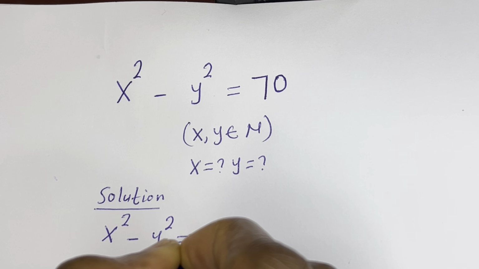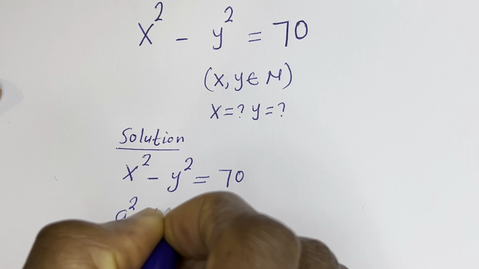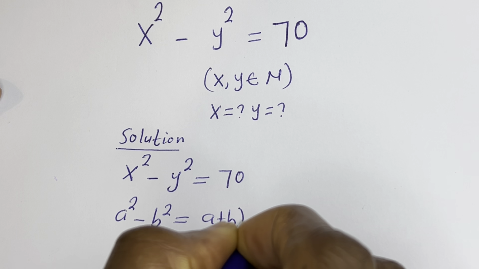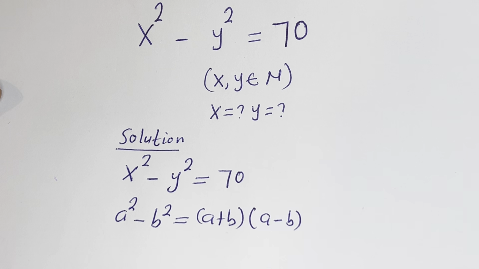Now take note of this: if you have a squared minus b squared, this is equal to (a plus b)(a minus b).